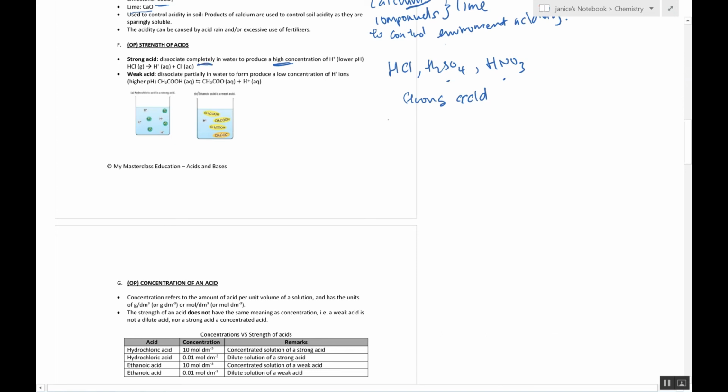So if I have, for example, 10 HCl molecules, it will dissociate to give me 10 H+ and 10 Cl-, all 10 separate.